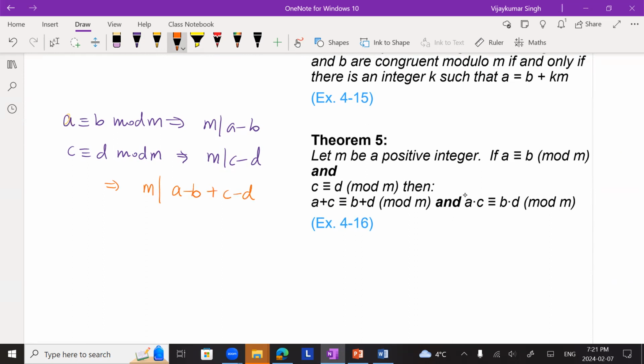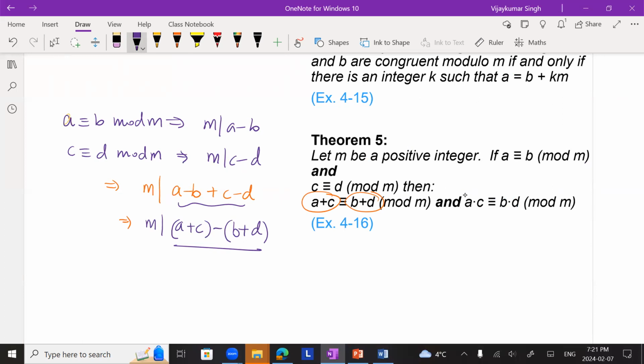Now let's do a little bit of rearrangement because I want A plus C on one side, and I want B plus D on the other side. So let's do a rearrangement here. We have M divides A plus C minus B plus D. This can be rearranged to make it look like that. Do you agree? Yes, they are the same thing. Now open this up: you have A plus C minus B minus D. Also on top, you have A plus C minus B minus D, just written in a different order.